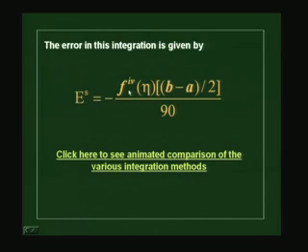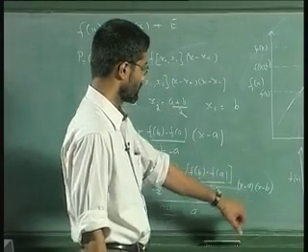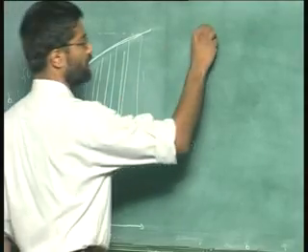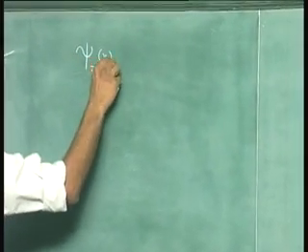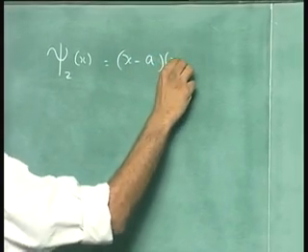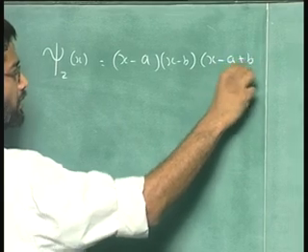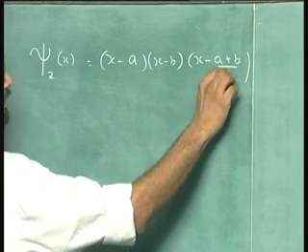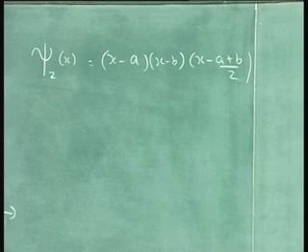Okay, now the reason being this: the error term. In the Simpson's rule, we had the psi 2 of x, and that is (x minus a) into (x minus b) into (x minus (a plus b) by 2). Okay, so now the integral of this vanishes in the limit a to b.